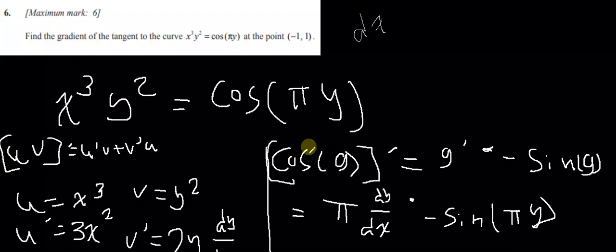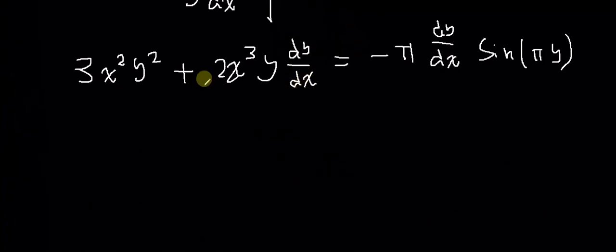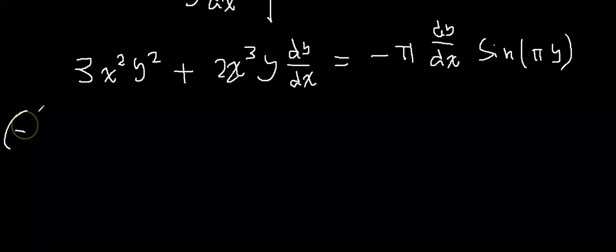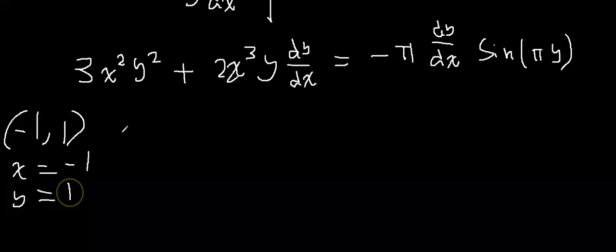So now we have this expression, and now we can substitute at the point minus 1 and positive 1. So we substitute x equals minus 1 and y equals 1.